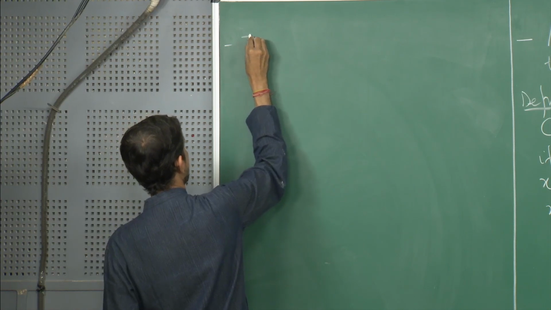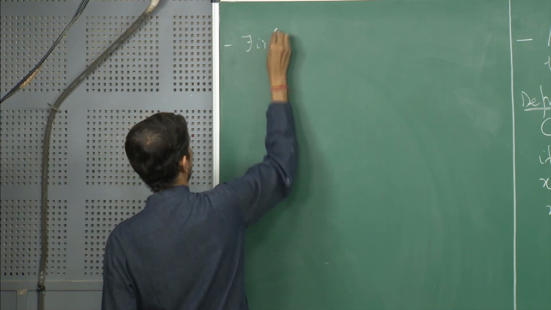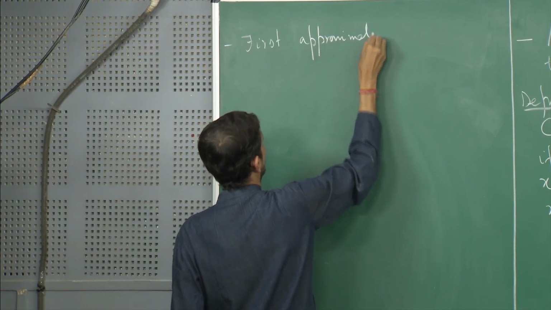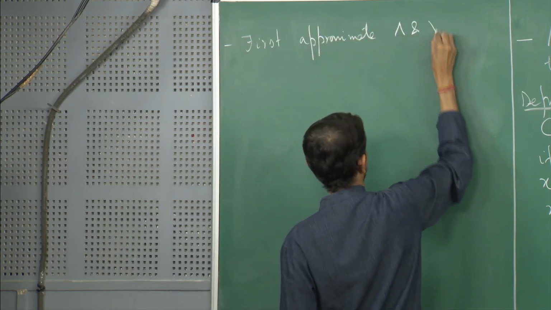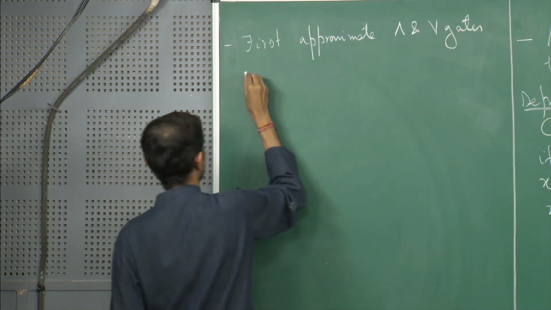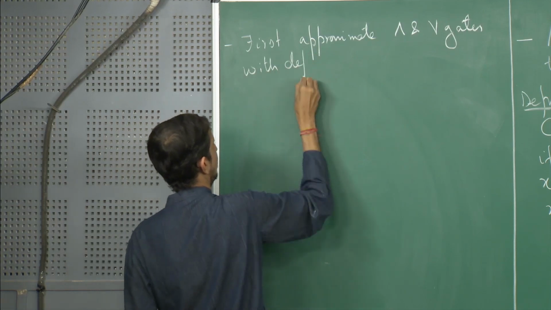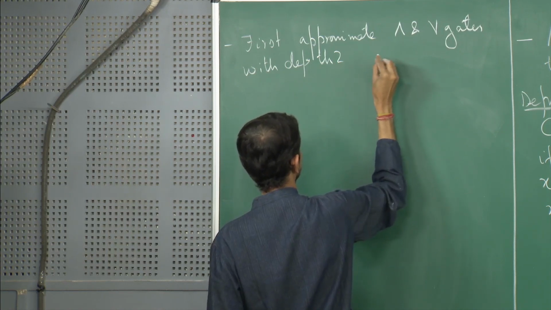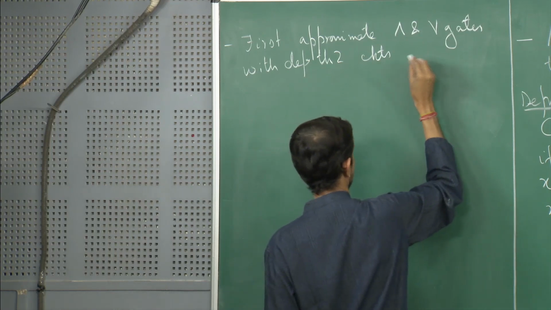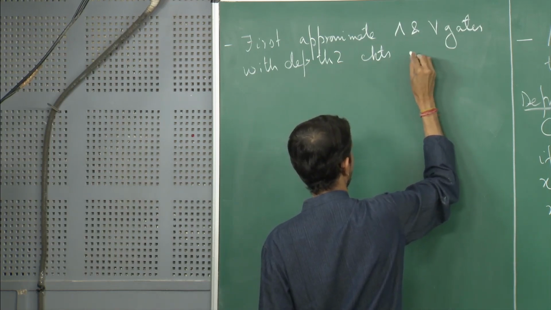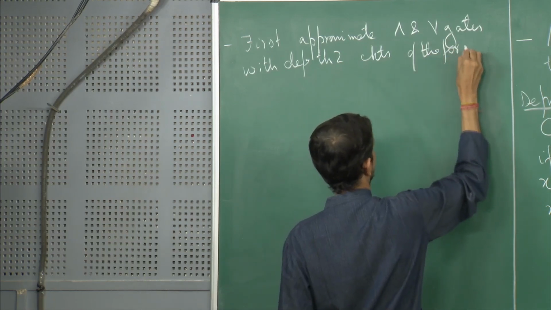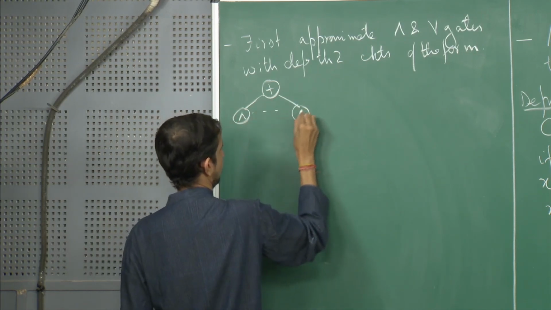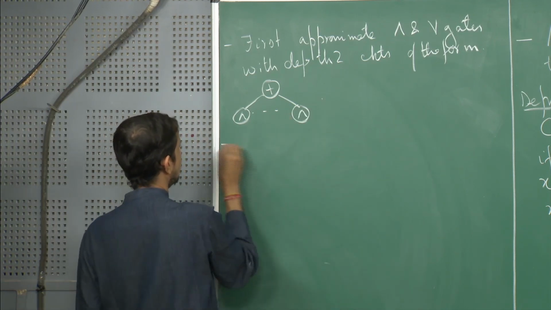First, approximate AND and OR gates with depth 2 circuits of the form: we have a parity and then we have AND gates below it.